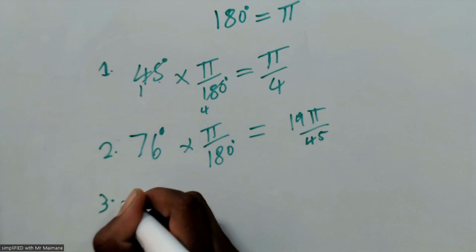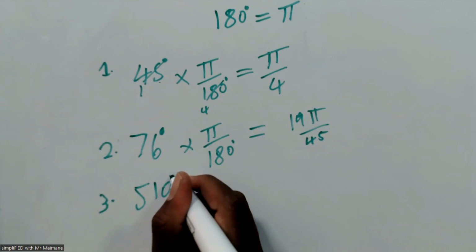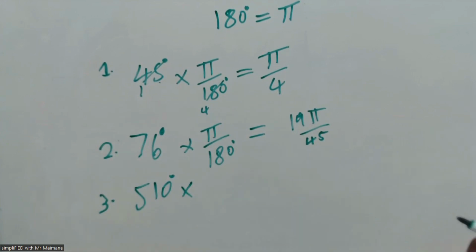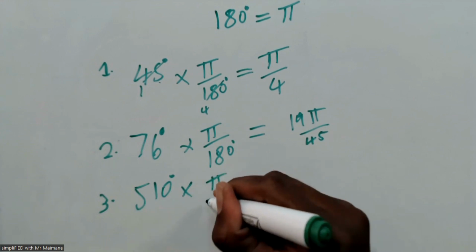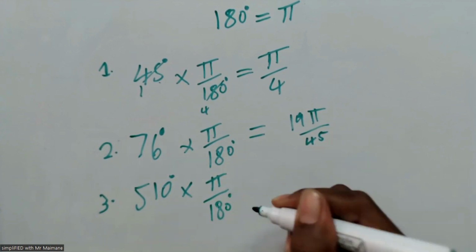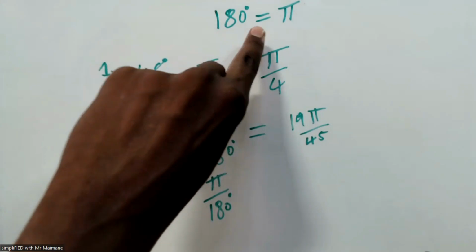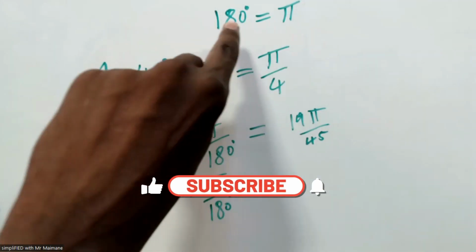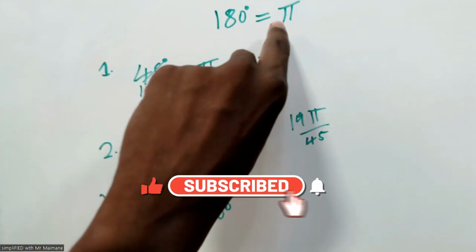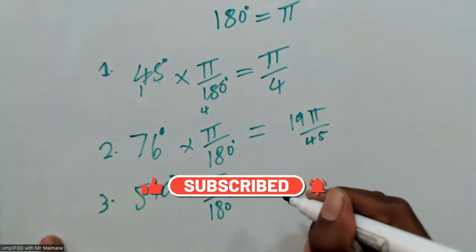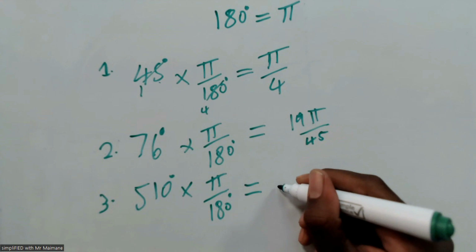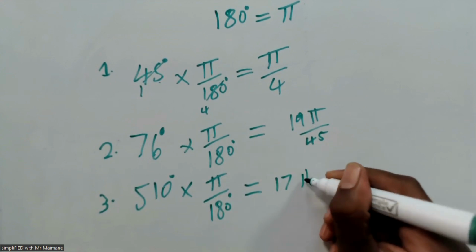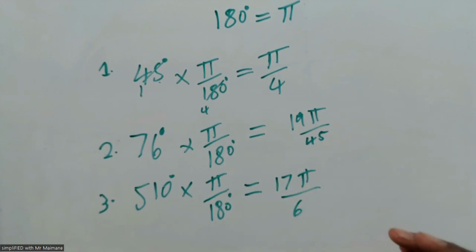510 times pi over 180, because that's our conversion factor. This is what we know about the radians and degrees relationship. So if you simplify this on a calculator, you will get 17 pi over 6.